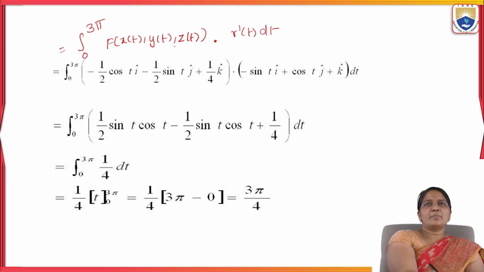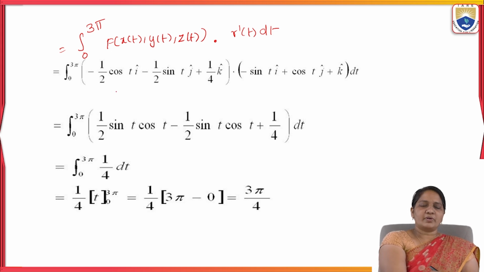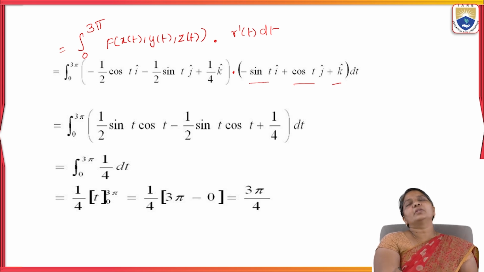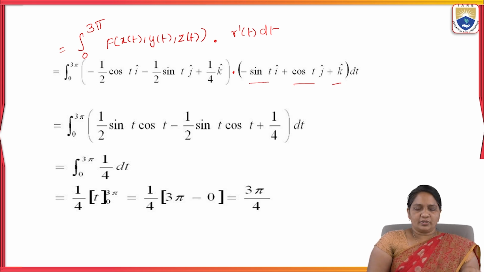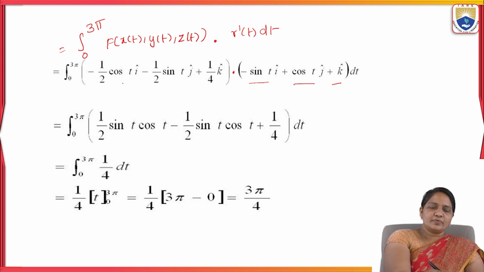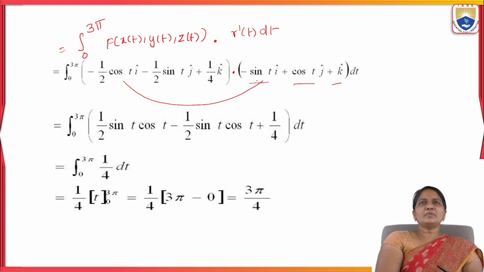So f of x of t comma y of t comma z of t is minus 1 by 2 cos t i minus 1 by 2 sin t j plus 1 by 4 k. That dot r dash of t, which we got as minus sin t i plus cos t j plus k. Now we do the dot product. The i coefficient with the i coefficient, and i dot i is 1.